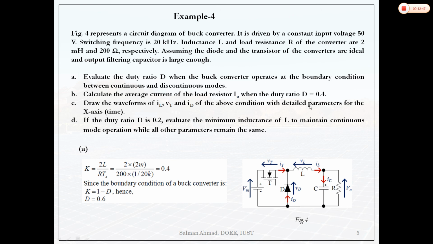If we do not change the L value, then the converter will definitely work in discontinuous conduction mode, because whenever D is less than 0.6, it will be in discontinuous conduction mode. If we increase the L value, we can still achieve continuous conduction mode. So that minimum inductance value we have to calculate in this part.